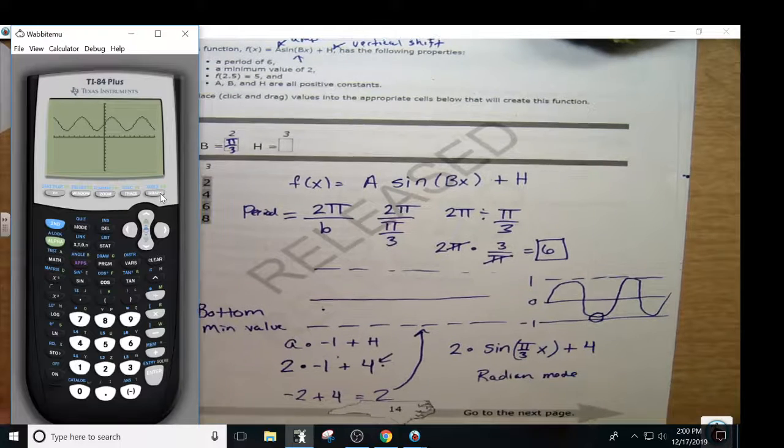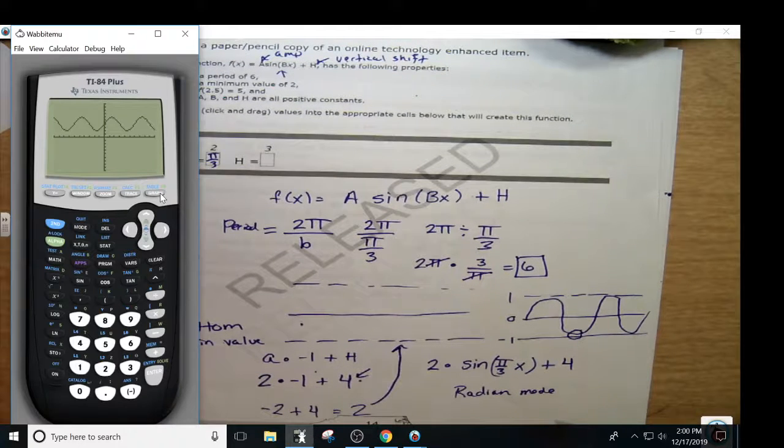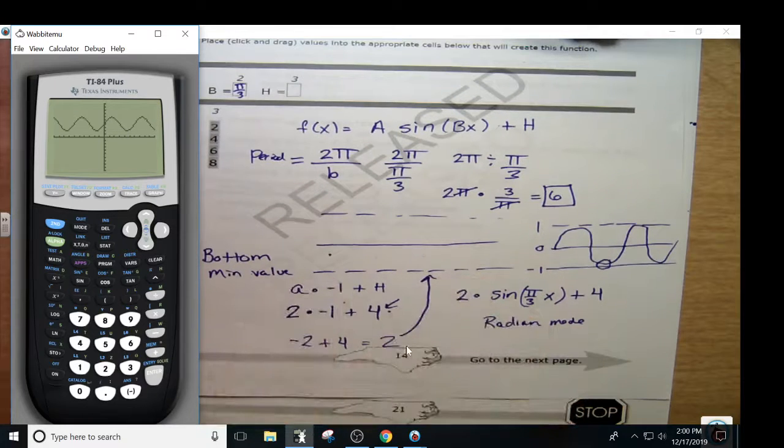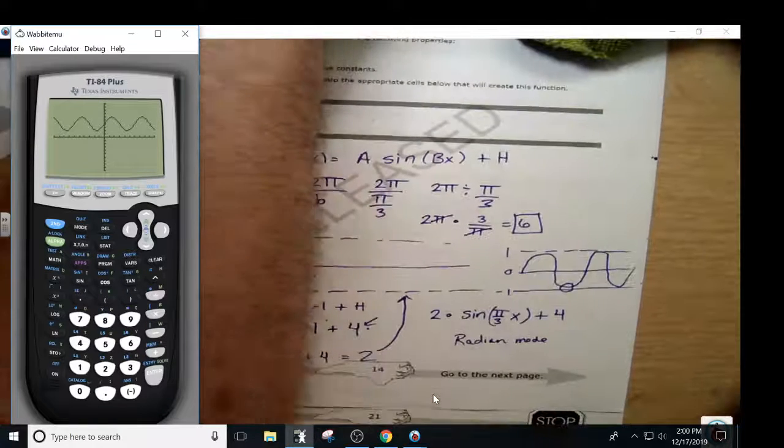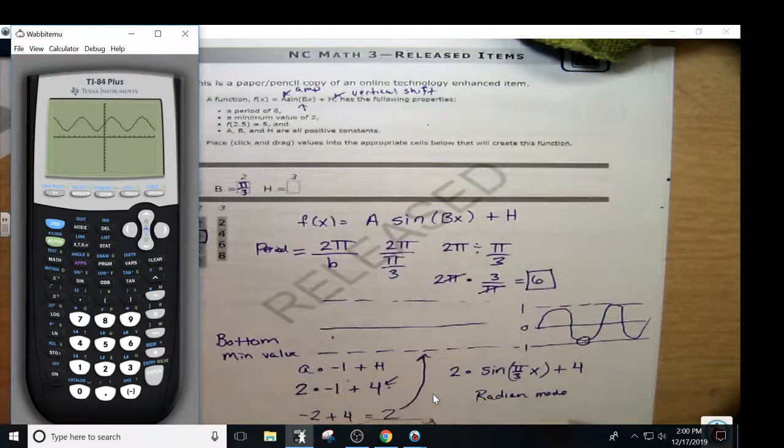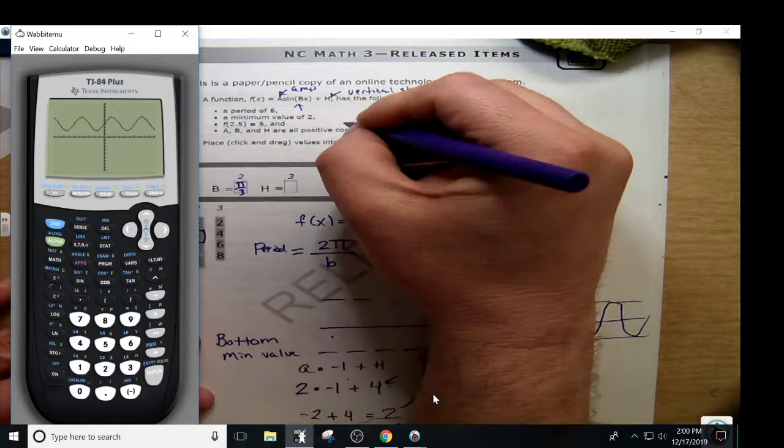Now, so we know our minimum value is 4 because, guys, we found that. I mean, excuse me, we know our minimum value is 2. We found that here. So we know our minimum value is going to be 2. Negative 2 plus 4 gave us 2. So we know that minimum value is 2. Now, looking at this, it says when you plug in 2.5.